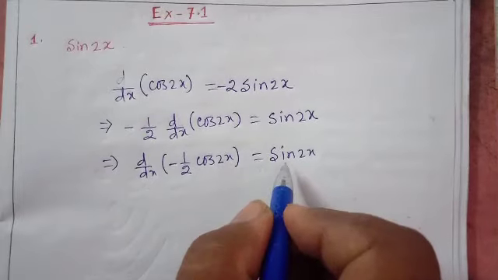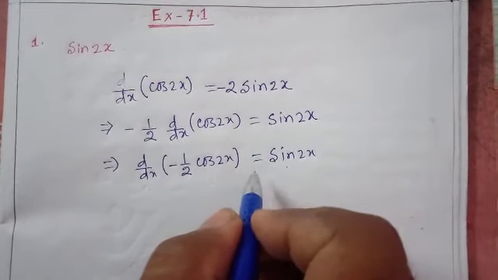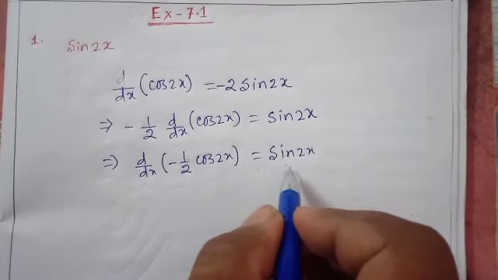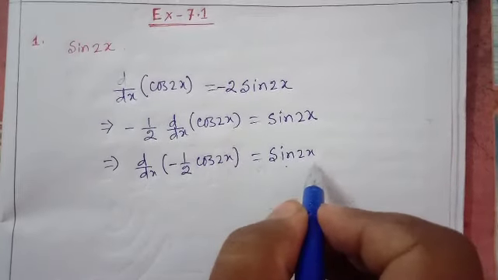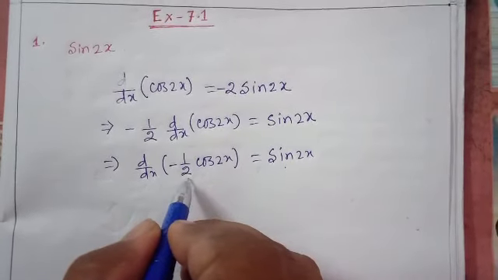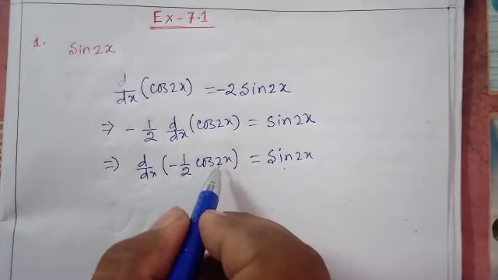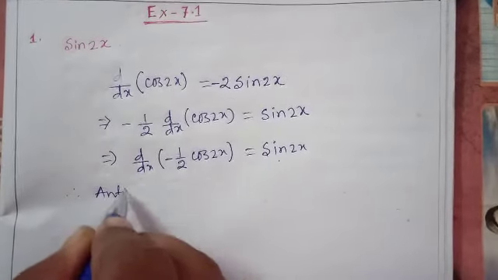So the antiderivative, here integration means antiderivative, of sin 2x equals minus 1 by 2 cos 2x.